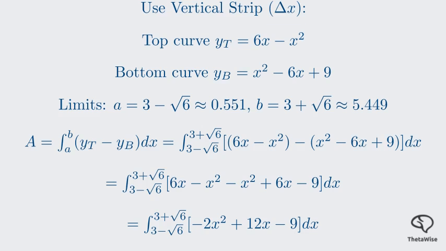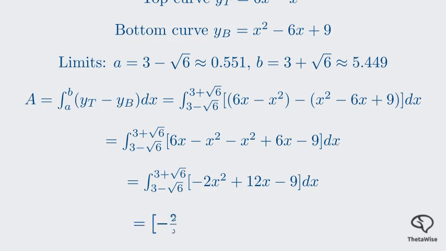Now we find the antiderivative. The antiderivative is negative 2/3 x cubed plus 6x squared minus 9x. We need to evaluate this at our two limits. Plugging in these values can be a bit messy, so it's best to use a calculator. The document solution gives the limits as 0.879 and 5.121, which are different from our calculated roots. Let's recalculate the roots to be precise.